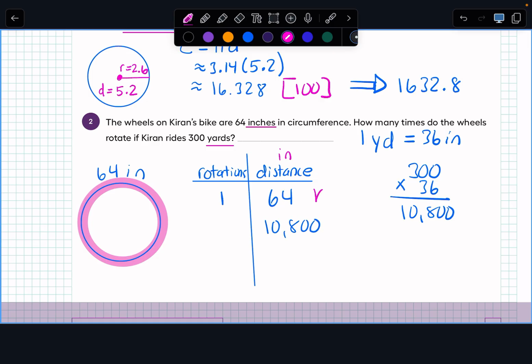Going forward from left to right, it's times 64, so going backwards, it would be divide by 64. 10,800 divided by 64 is 168.75. Let's just say it's approximately 169 rotations. I'm going to put rots because I don't have enough space, but just know that means rotations.